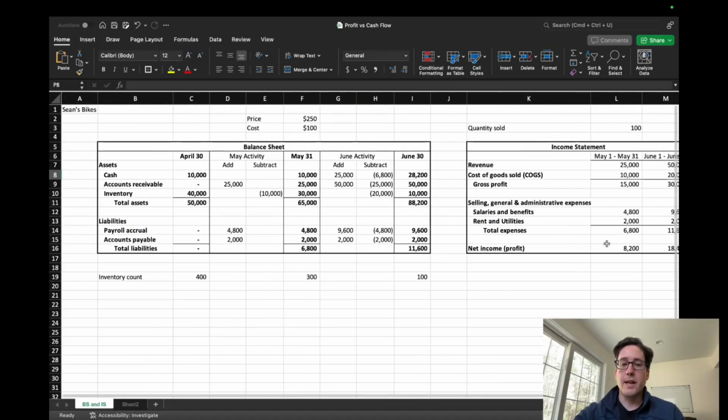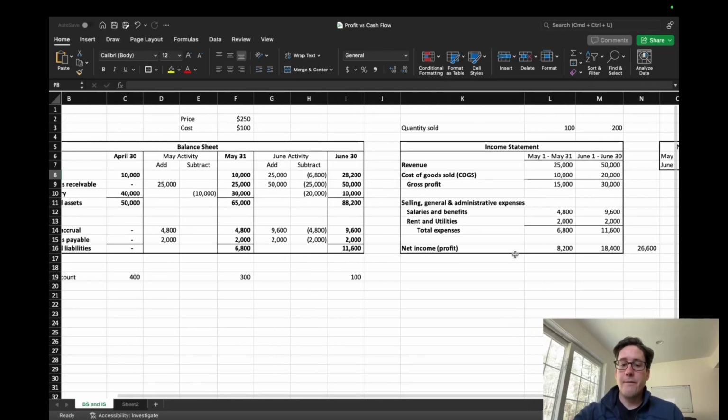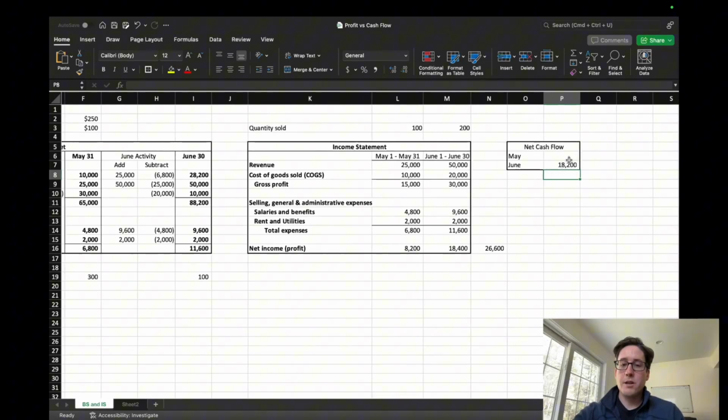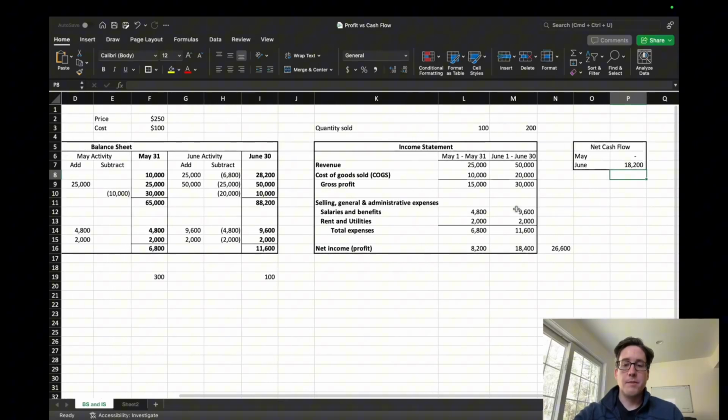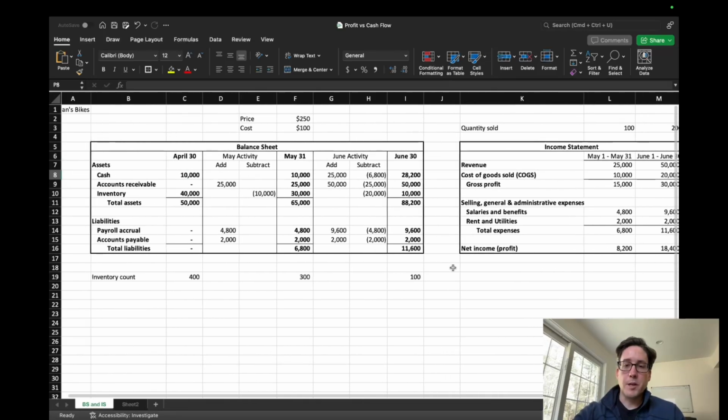But because of this delay and the change in my sales, I have this nice gross profit change here, but I only have this change in cash of $18,200. So pretty good, but that's the reason for the difference here. And that's important to understand.